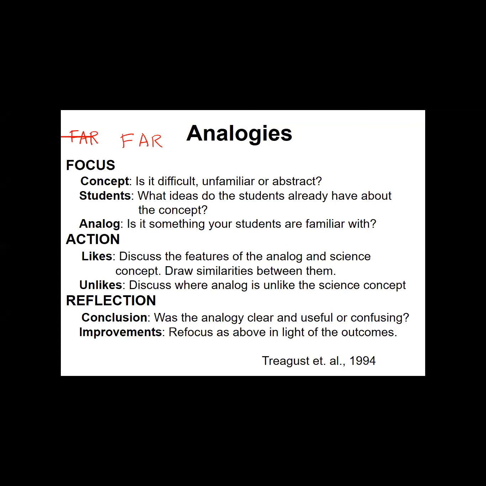So once you get the focus there, what you do is the action, likes and unlikes. So here you're comparing the two ideas already. So for the likes, discuss the features of the analog and the science concept. Draw similarities between them. Now for the unlikes, you discuss where the analog is unlike the science concept.